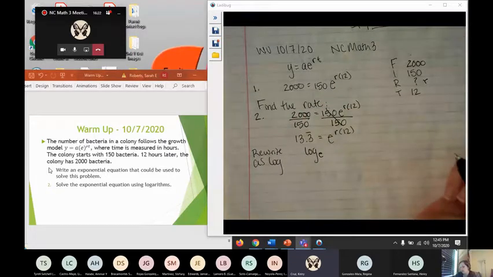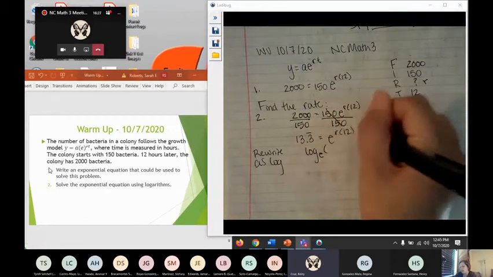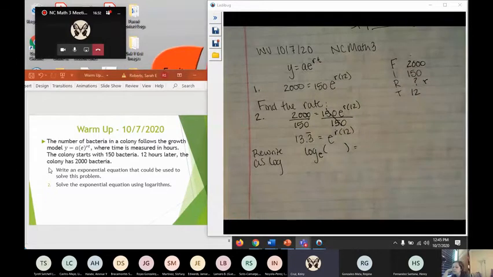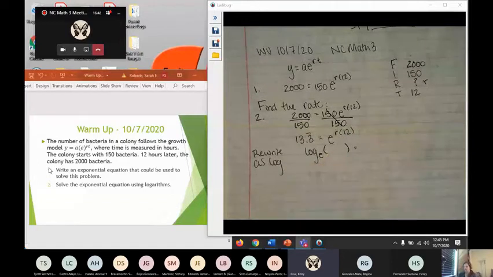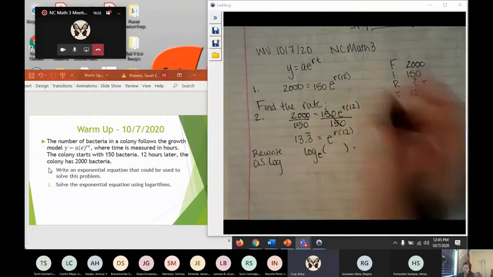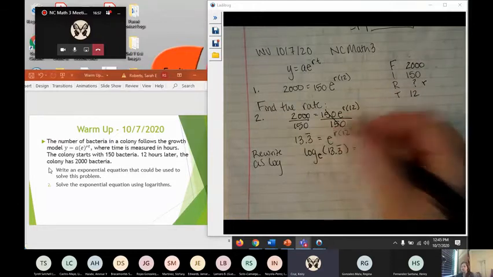And then the exponent, which is 12. So the exponent is r times 12. Okay. But what goes inside of the logarithm? The base. So the base is here. And then this is the stuff inside. And there's something else that goes inside. I don't remember. So what have you not said? The answer, the 13.3. Okay. And then we're going to set that equal to the exponent.